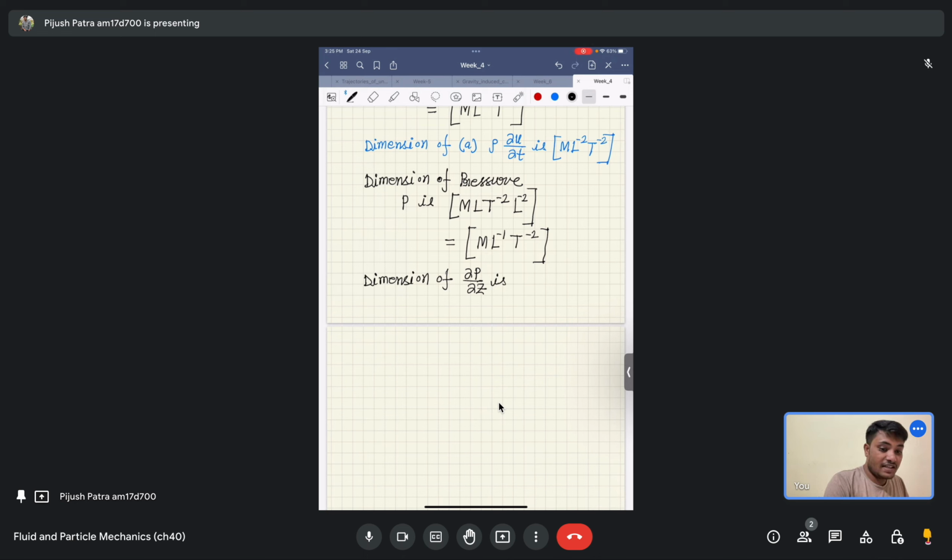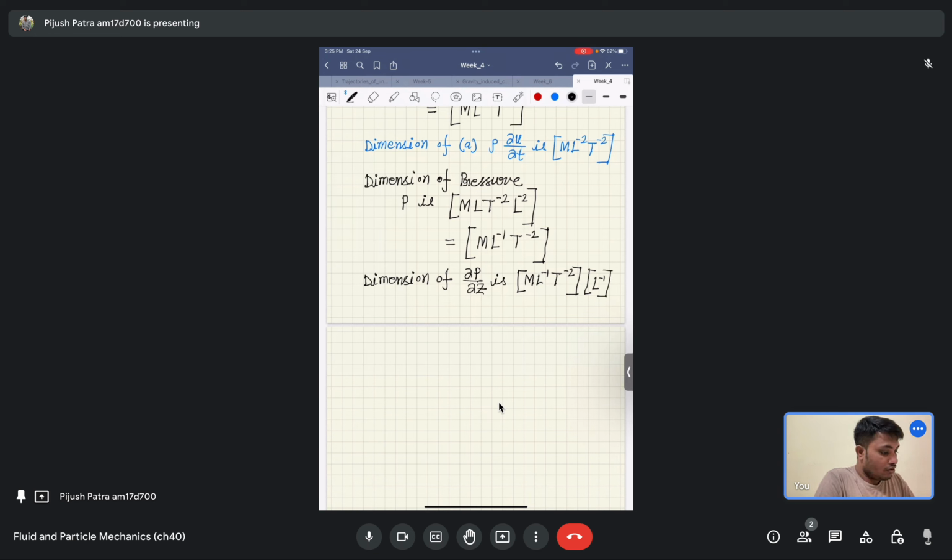There is a z, so it will be M L to the power minus 1 t to the power minus 2 into L to the power minus 1, as simple as that.